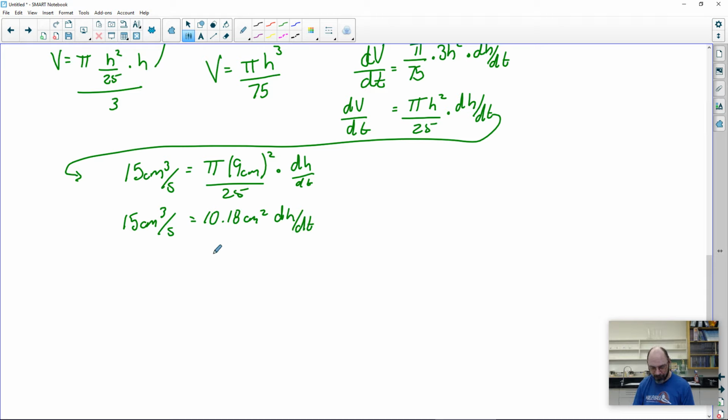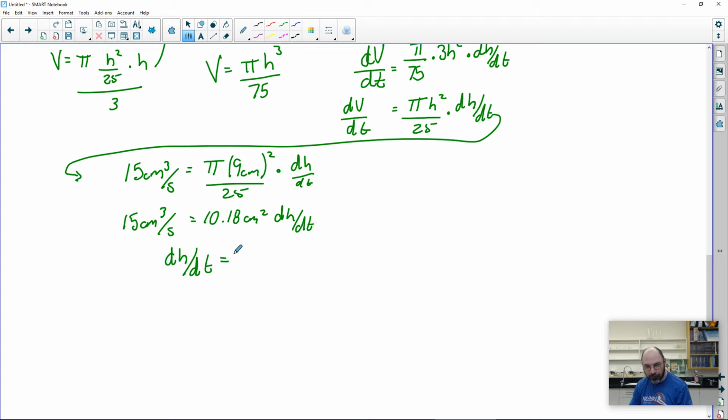Okay, now we divide it out. Or if you wanted, you can keep the whole thing on your calculator and store it, and then divide out into 15. And I get 1.473. So we're going to get dH/dt.